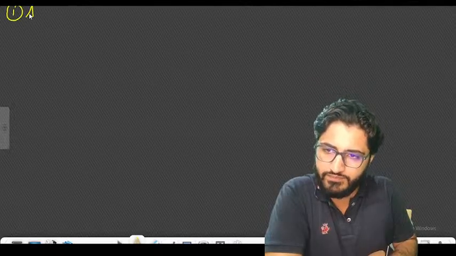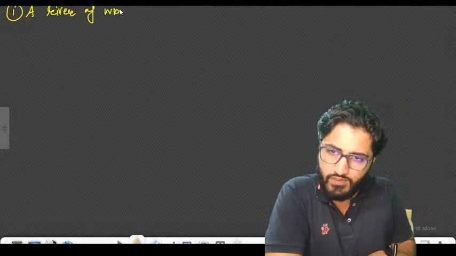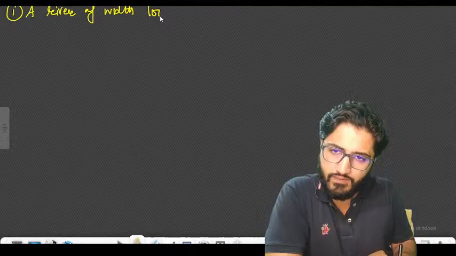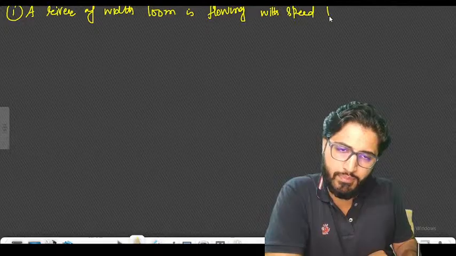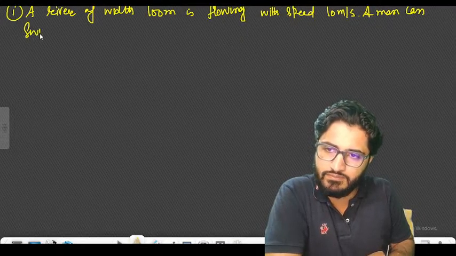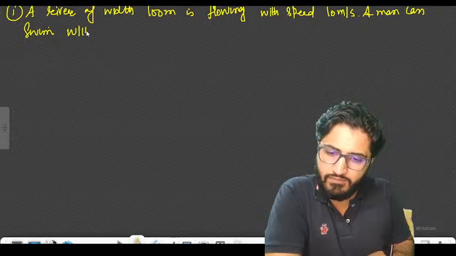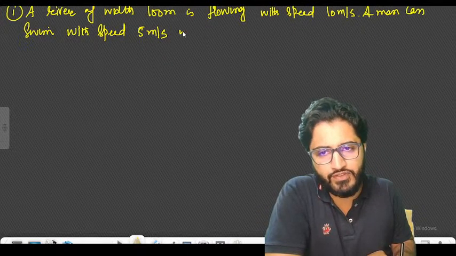Question number 1. A river of width 100 meter is flowing with speed 10 meters per second. A man can swim with speed 5 meters per second in still water.